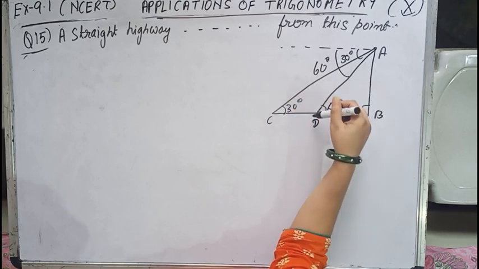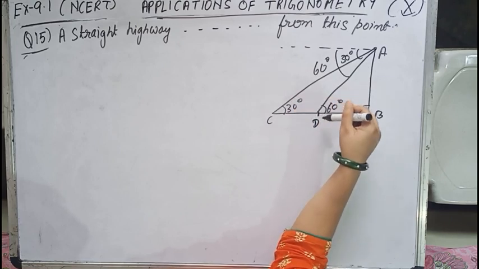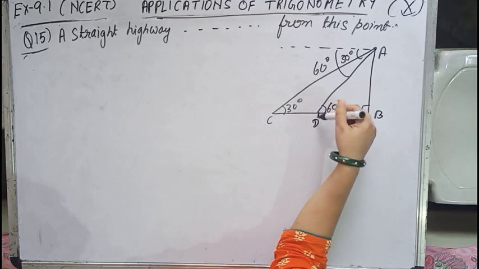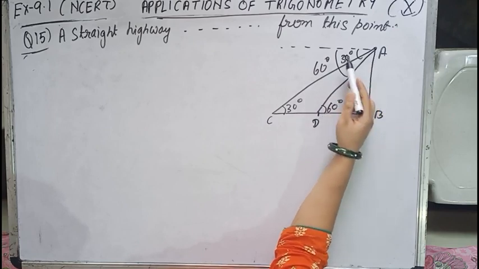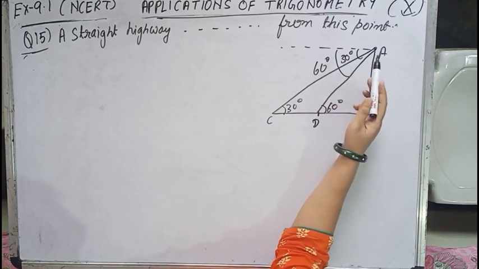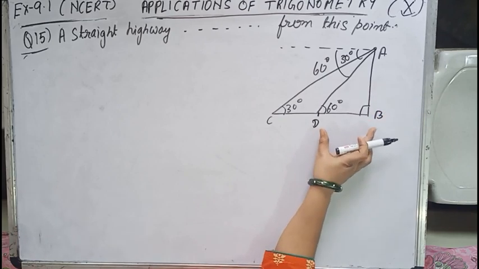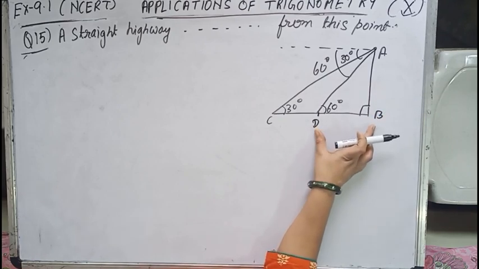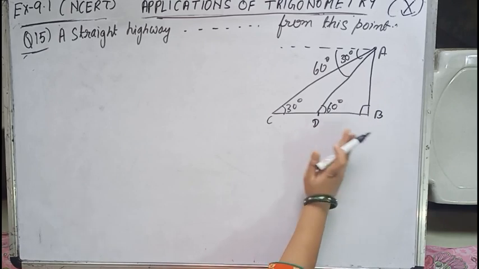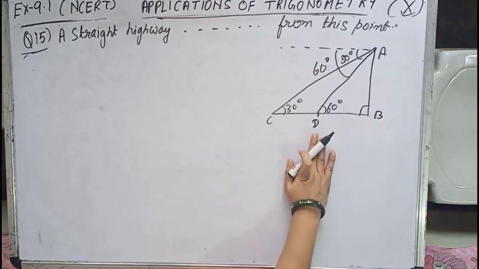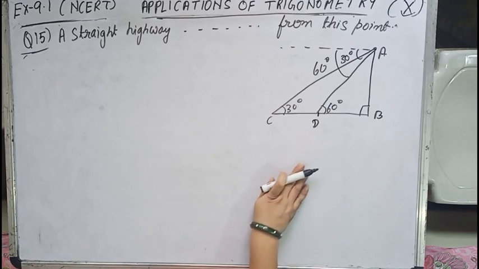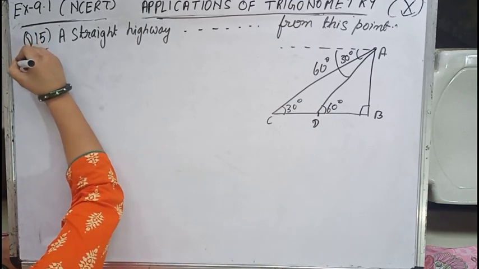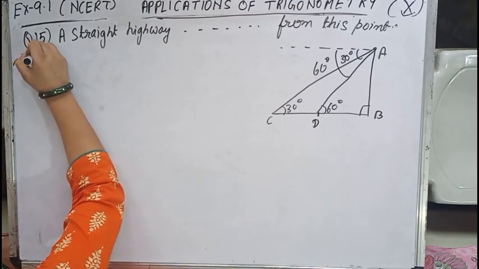Again after 6 seconds the car reaches the point D, and then the person observes that the angle of depression is 60 degree. So we have to find the time taken by the car to travel the distance DB, means what time the car will take to move to the tower after it reaches the point D. So it's an important question.